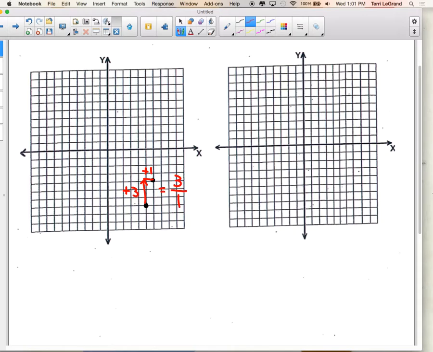3/1, which is 3. Well, what if we had flipped the order of those 2 points? We said we're going to let the second point be x sub 1, y sub 1, and the first point be x sub 2, y sub 2. How would our using the slope formula look then?